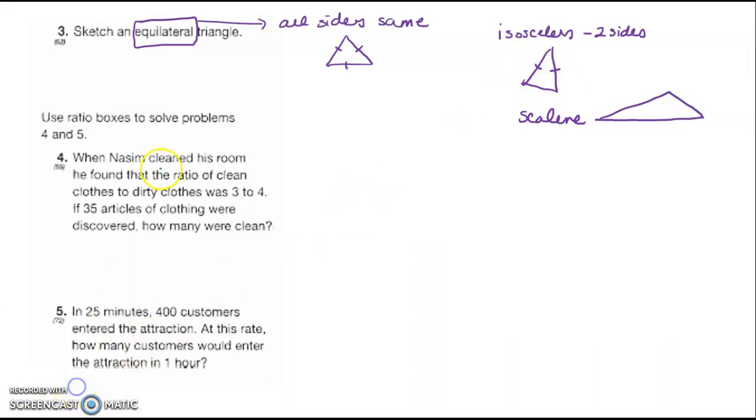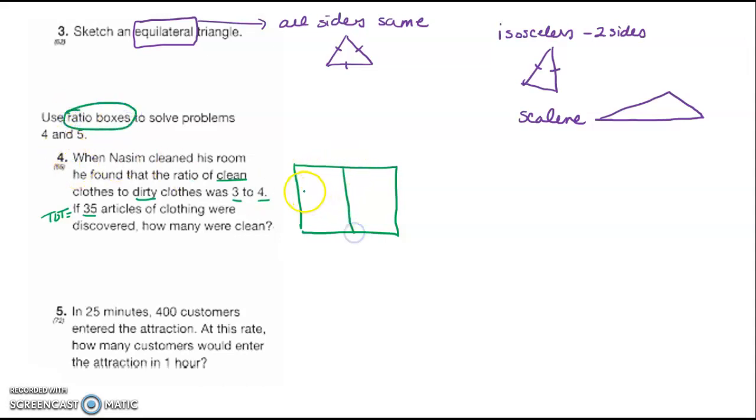Okay, let's change colors. When Nassim cleaned his room, he found the ratio of clean to dirty clothes was 3 to 4. If 35 articles of clothing, so this is a total here, were discovered, how many were clean? So let's go ahead and do our ratio box, because it says here to use a ratio box to solve 4 and 5. Ratio box, proportion, cross multiply.